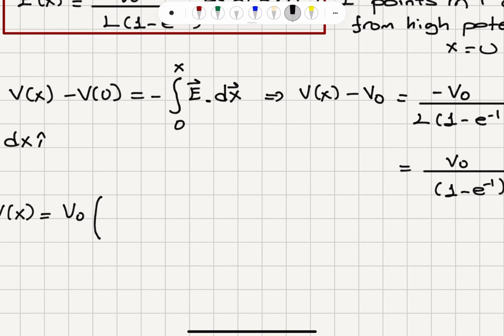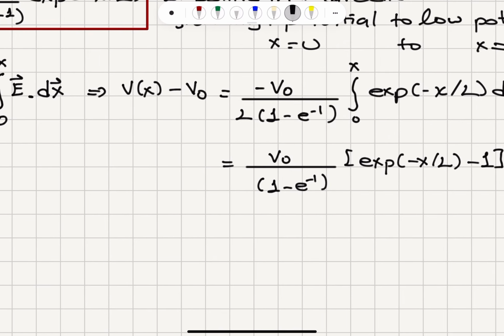So V0 times 1 plus, now taking this into V0 parentheses, I have exponential minus x over L minus 1 divided by 1 minus e to minus 1. So this will give me exponential minus x over capital L minus 1, over 1 minus exponential minus 1.